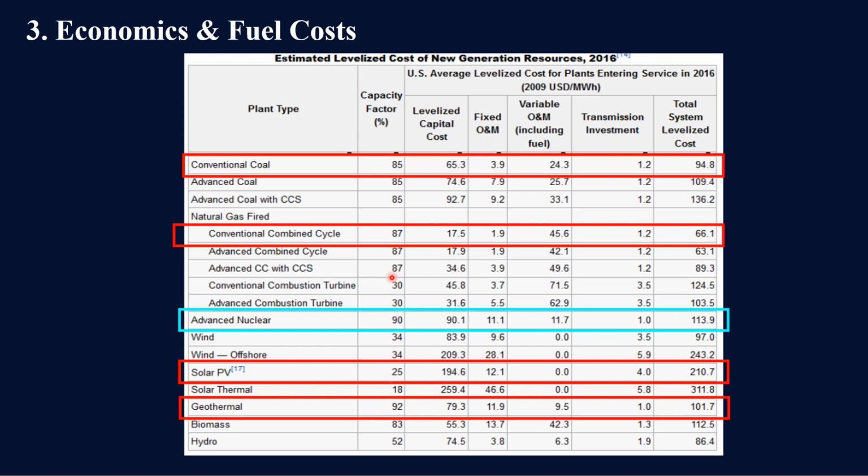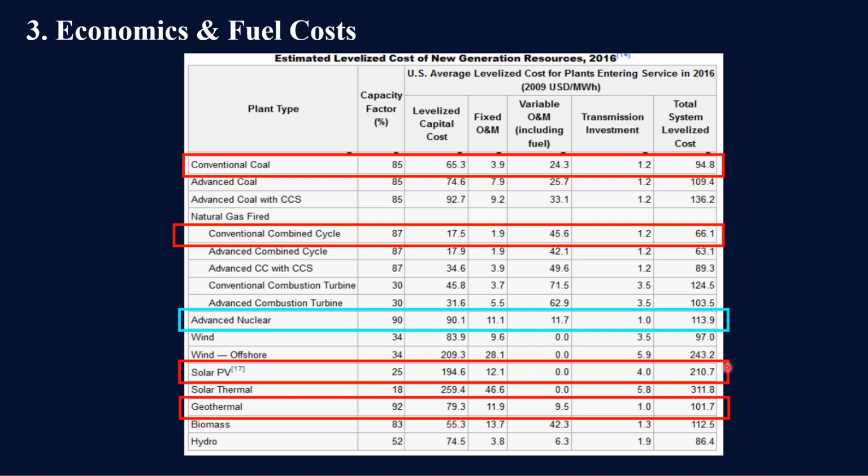Compared to the other plant types, there is really a great capacity factor for your advanced nuclear. However, if we are going to compare the total system levelized cost, the cost throughout the years in maintaining and establishing a power plant, compared to your conventional coal, your advanced nuclear is actually higher at 113.9.